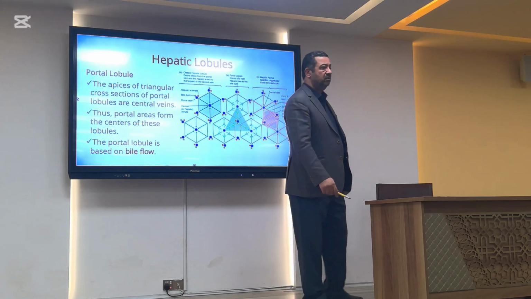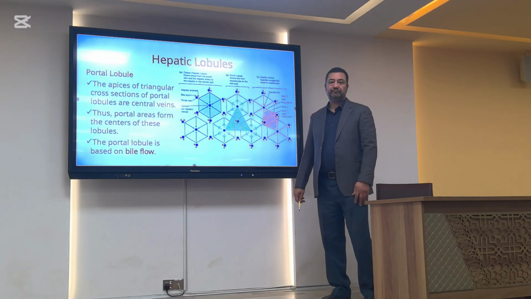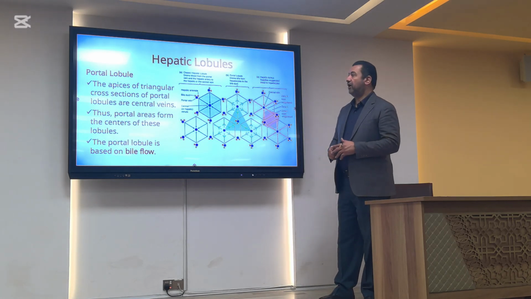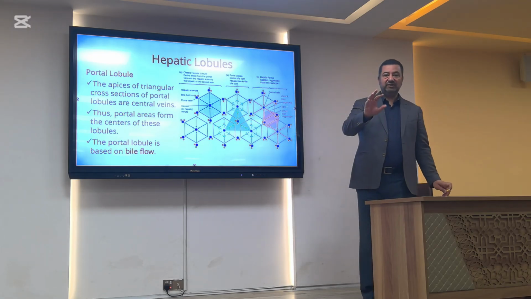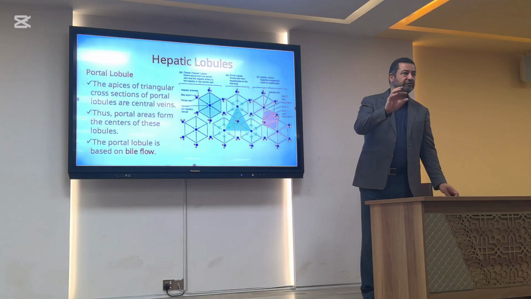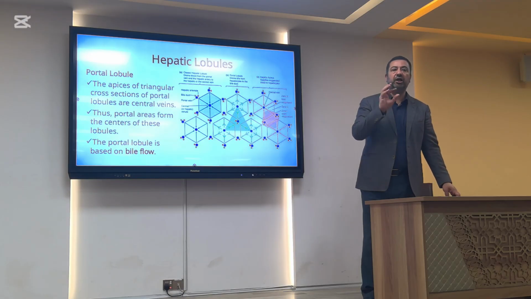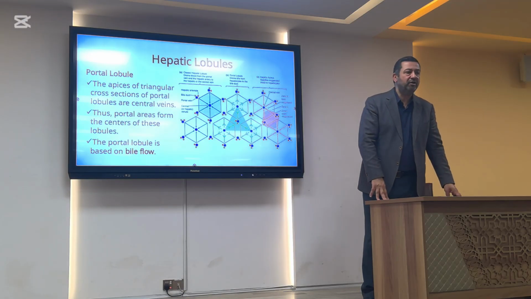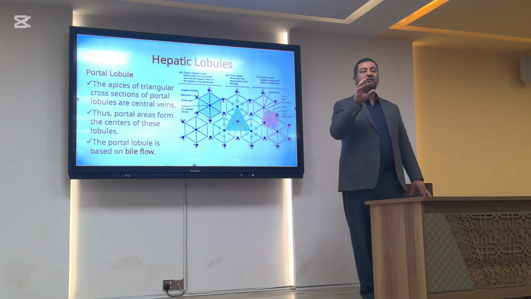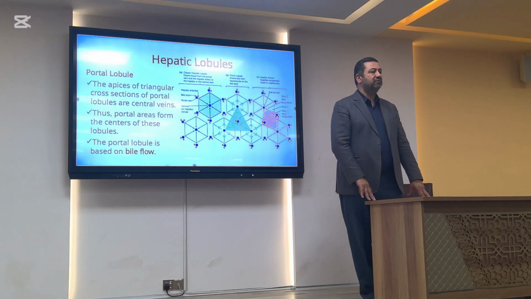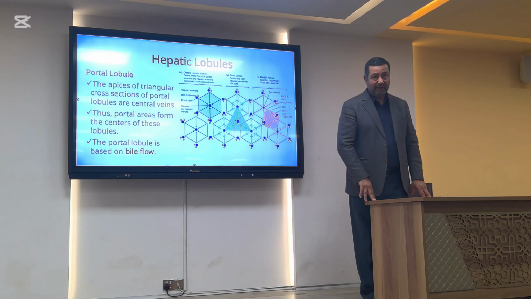If I ask you which part is the center of the portal lobule, you answer portal area. If I ask you what's the center of the classic lobule of the liver? Central vein.